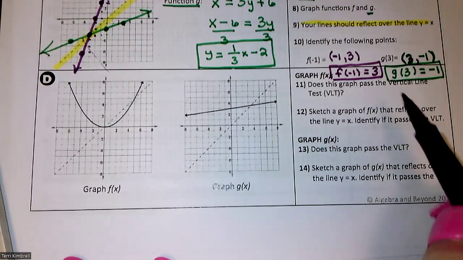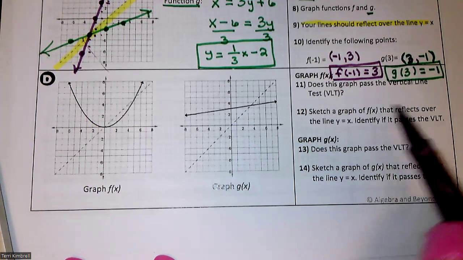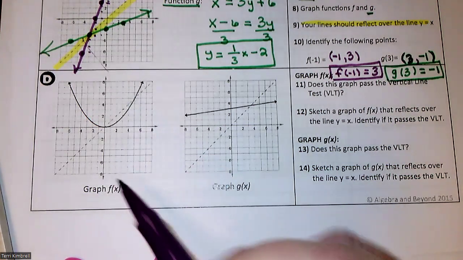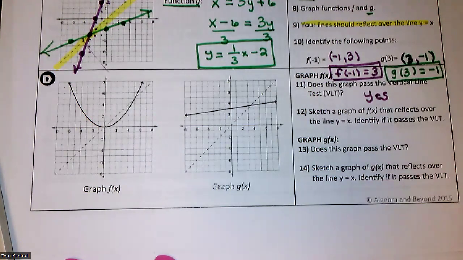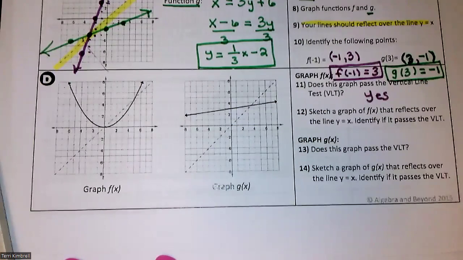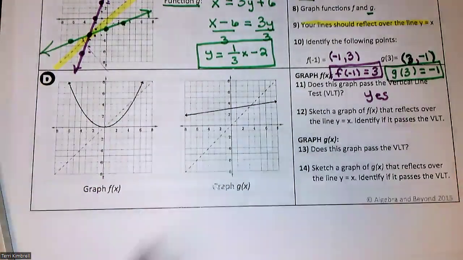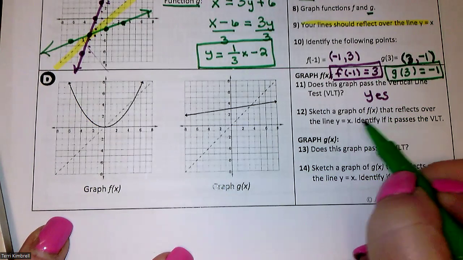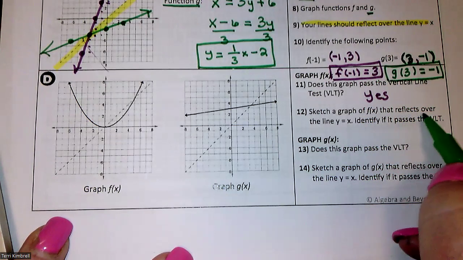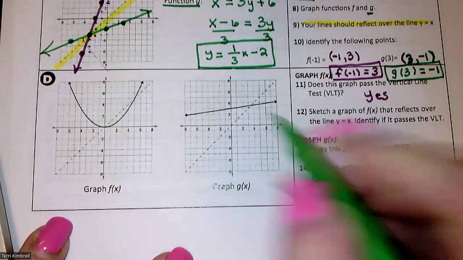So the first thing in question 11 is we're asking ourselves, does the parabola pass the vertical line test? And that would be yes. So now we're going to reflect that, and we're going to try to sketch the graph of f of x that reflects over the line.